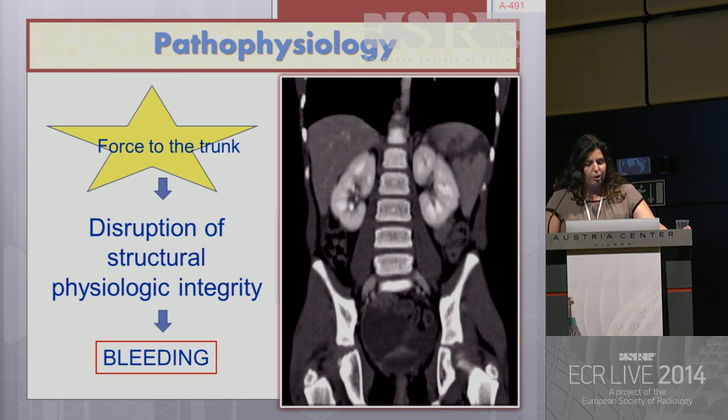The pathophysiology of abdominal trauma is straightforward. Following application of the force to the trunk, you can see structural disruption and bleeding either at the site of the injury or remotely inside the abdomen.